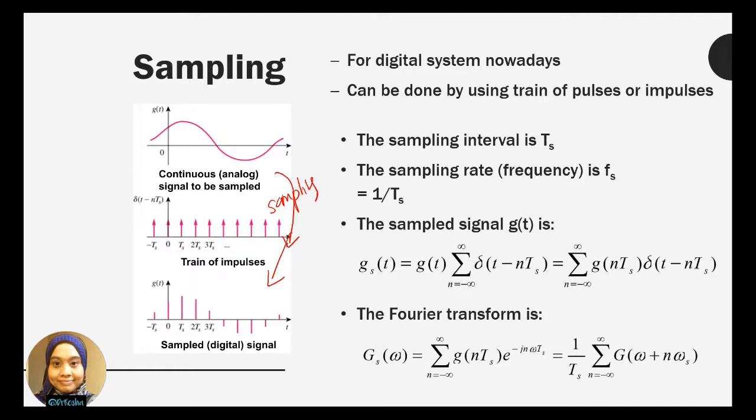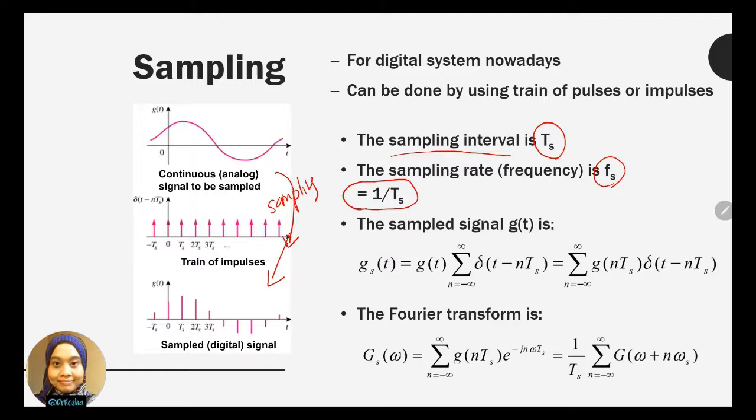So we need what we call the sampling interval, represented by Ts, T for the interval, S for sampling, or what we call the sampling rate. Some books say sampling frequency, using the symbol Fs. We can relate the sampling interval and sampling rate by the equation Fs = 1 over Ts.